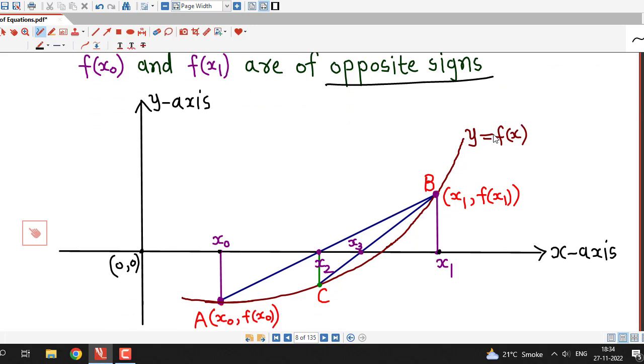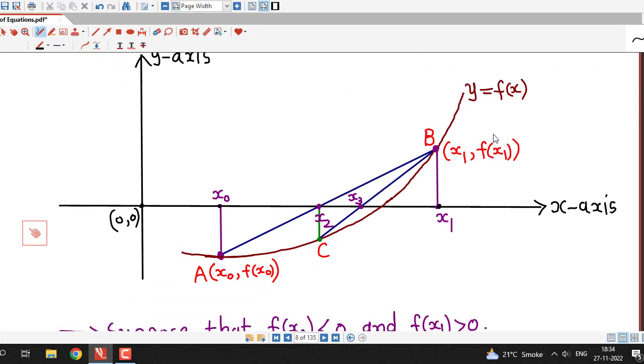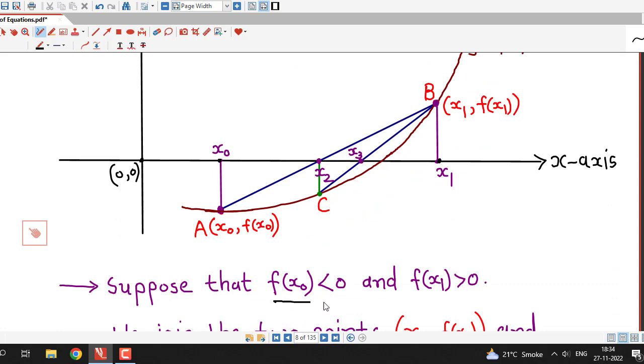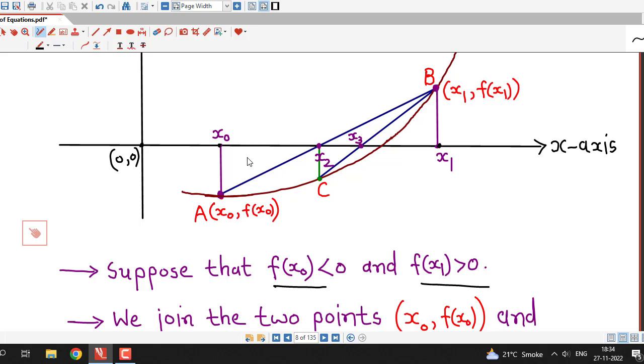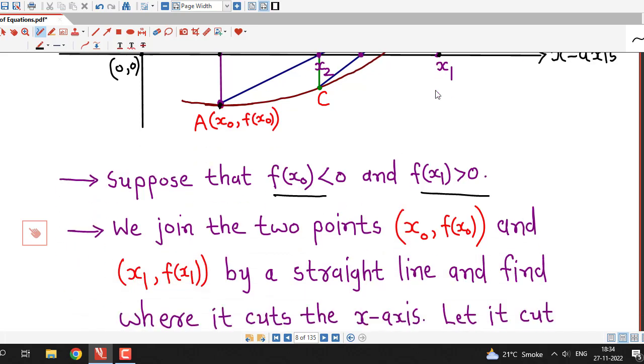So we can show this by a graph. Here I have considered 2 points x0 and x1 such that f(x0) is negative and f(x1) is positive. Now in the next step, we join these 2 points, A and B, by a straight line.